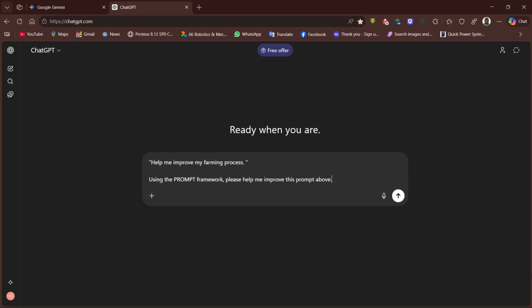First stop. Right? P, what is P for? P is for purpose. Then R is for role. Then O is for objective. Then we have M is for modifiers.